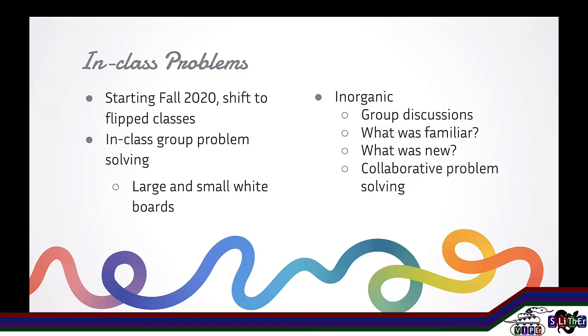I shifted all my classes to a flipped format. They watch lectures at the beginning of the week, and then when they come to class, we do in-class group problem solving. You could see in some of those pictures from the gallery walks the large whiteboards. We also have smaller whiteboards in some of the rooms.